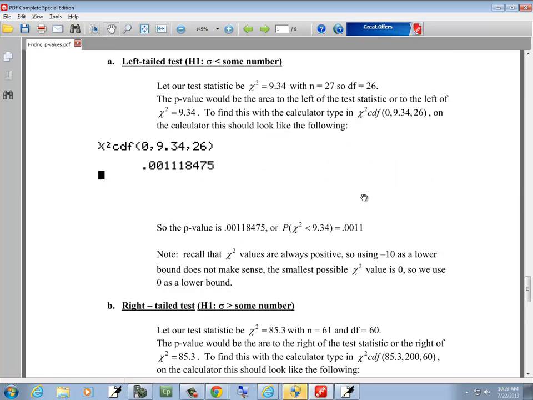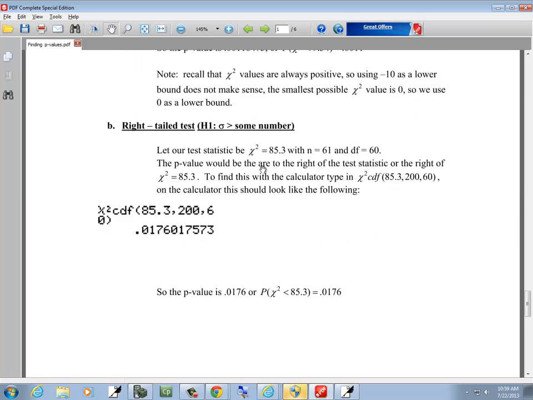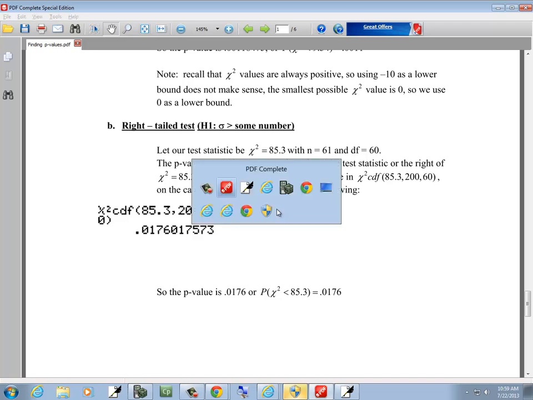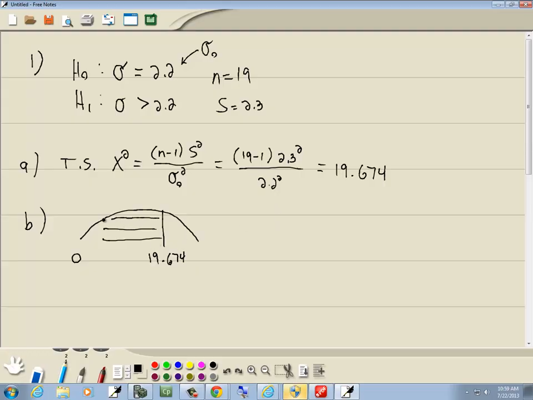We got a right-tailed test, and p-value would be the area to the right of the test statistic, or I would have done that one wrong. Okay, try it again. I'm still learning myself on that.